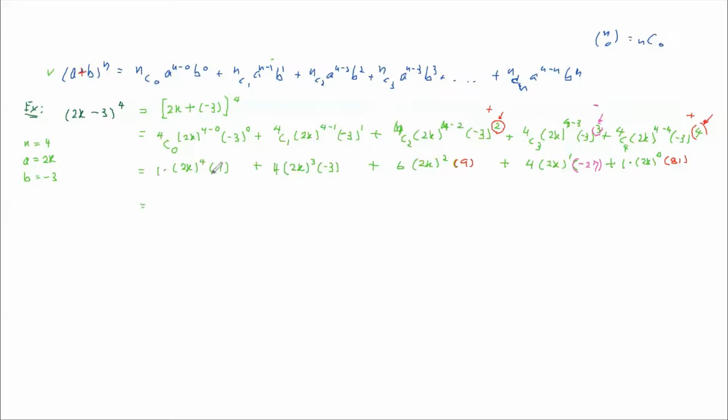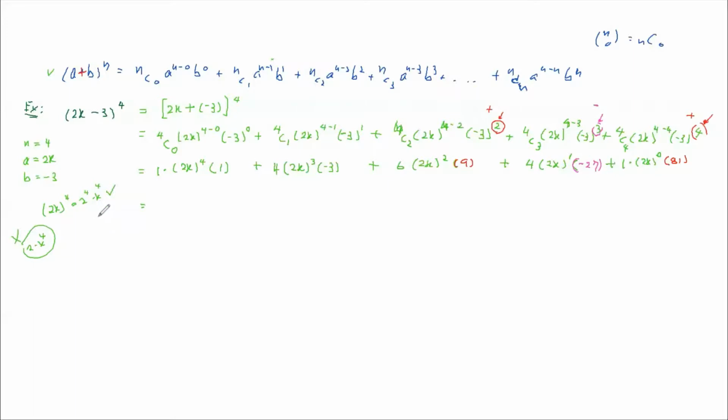Simplify one term at a time. Again, don't forget this one. 2x power 4, like in the last example I emphasized for the calculation, you must have 2 power 4 times x power 4, okay? Not 2 times x power 4. This one is wrong. It has to be this one.